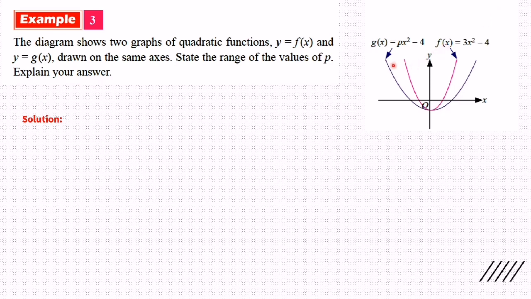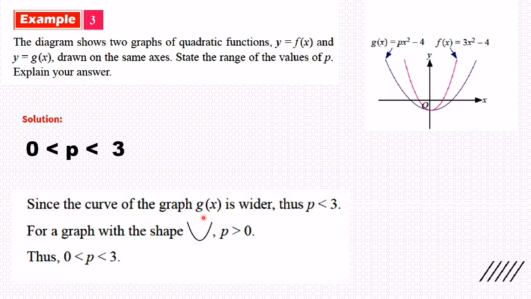As we learned before, the curved shape of function g(x) is wider than the curved shape of function f(x). This means the value of a of the graph of function g(x) is smaller than the value of a of the graph of function f(x). So p is less than 3. And because this is a minimum graph, a is greater than 0. So the range is p less than 3 and greater than 0.